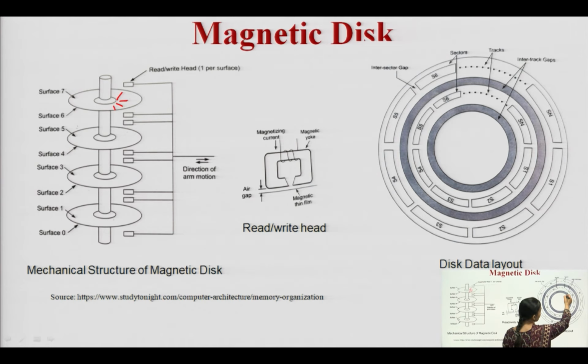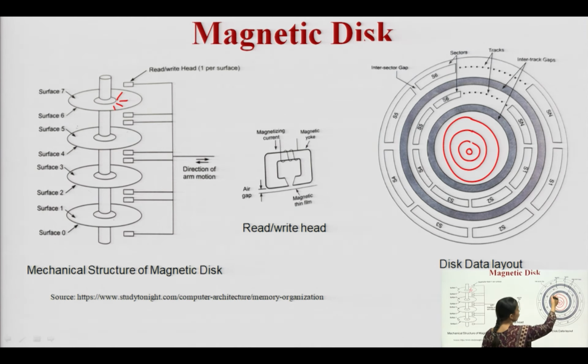These are the inner track, which shows the innermost, and in this manner it will go. These are the different sectors that are further divided into different tracks, on which data in the form of zeros and ones is being stored.